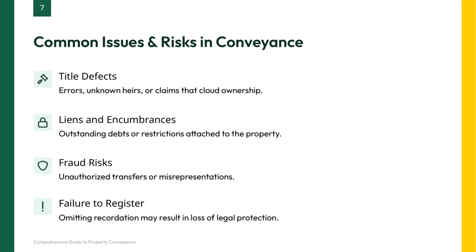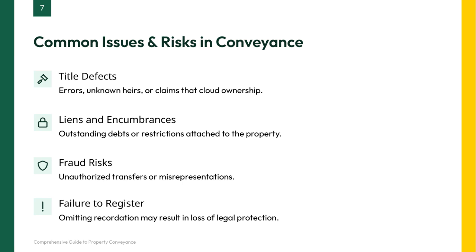When we talk about common issues in conveyance, one major concern is title defects. These occur when there are errors in the title, unknown heirs come forward, or any claims arise that cloud who truly owns the property. Next, we have liens and encumbrances. These are outstanding debts or restrictions tied to property that can affect its transfer or value. Another critical risk is fraud.